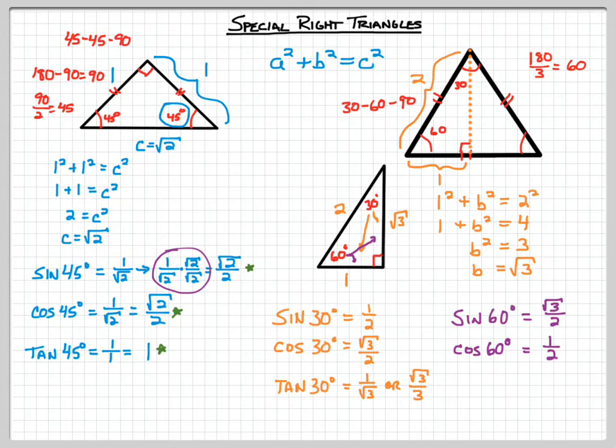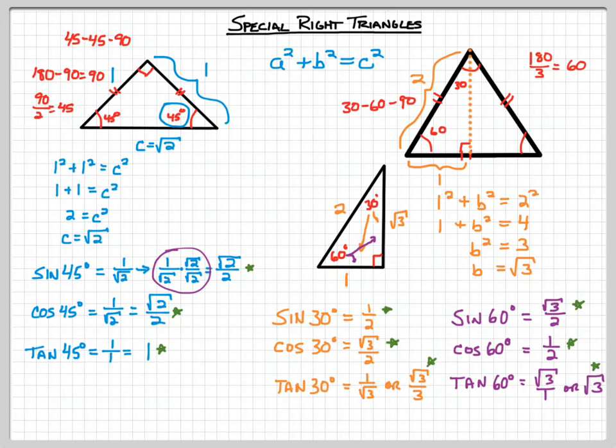So that's 1/2. And tangent of 60 degrees is opposite over adjacent, root 3 over 1, or square root of 3. And you might notice some of these values kind of switch, the sine and the cosine. Sine of 30 is the same as cosine of 60. Cosine of 30 equals sine of 60. You'll start seeing a lot of these patterns popping up.